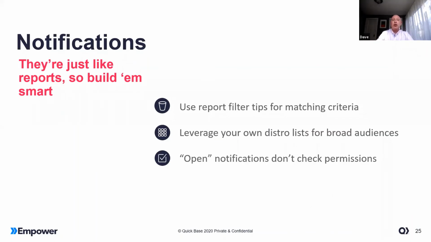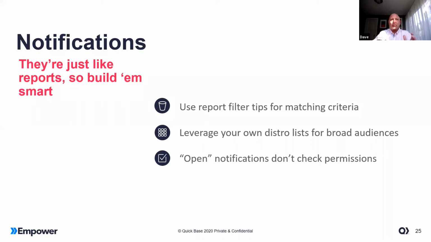Lastly, we'll talk here about notifications, okay? Again, they're just like reports. There's kind of a theme here. So when you're building notifications, use the same kinds of tips, right? And I'll show you real quickly a summary of those tips. Use the report filter tips that I talked about earlier when you're doing matching criteria on records that you're going to send notifications for.